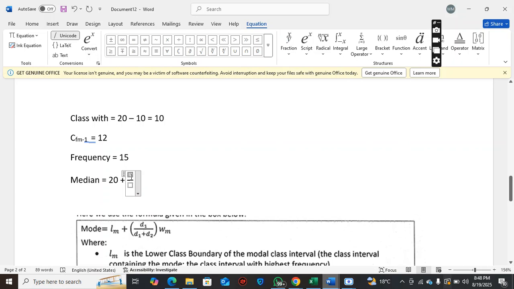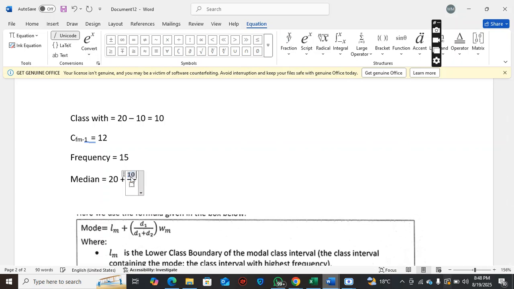Class width is 10. Then our position of our median class, 17.5, minus the cumulative frequency before the median class, which is 12, divided by the frequency.